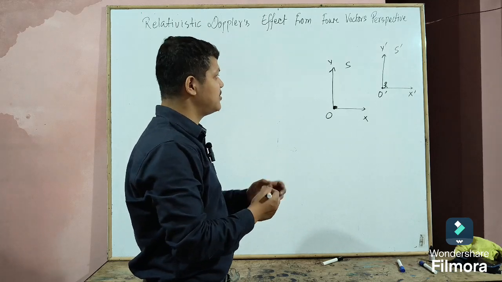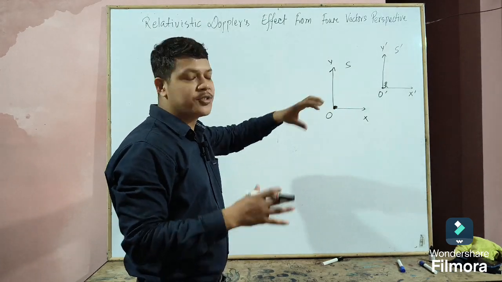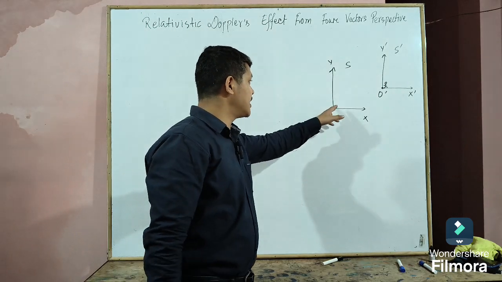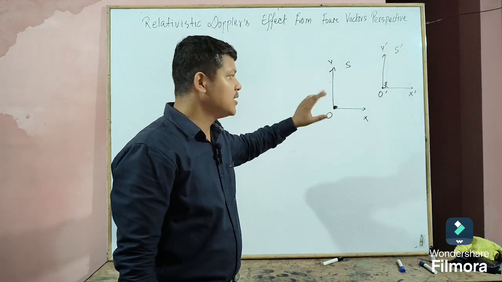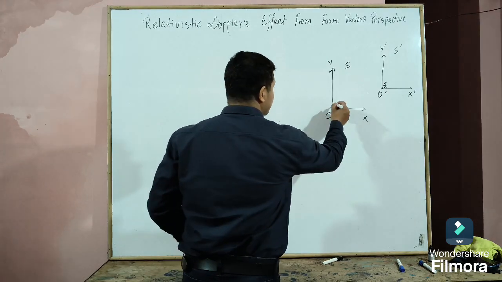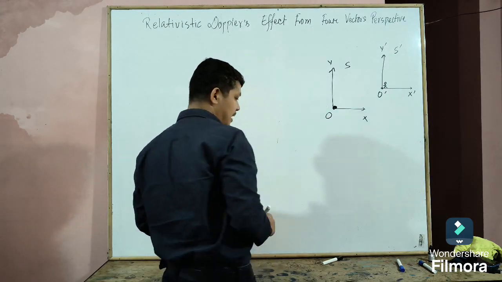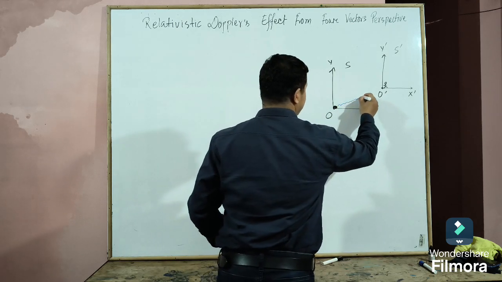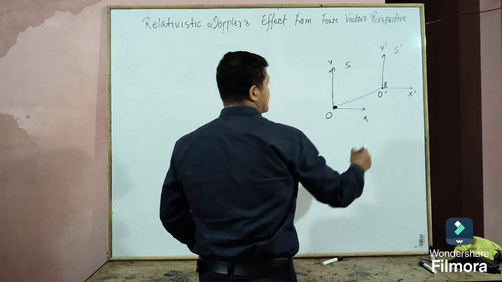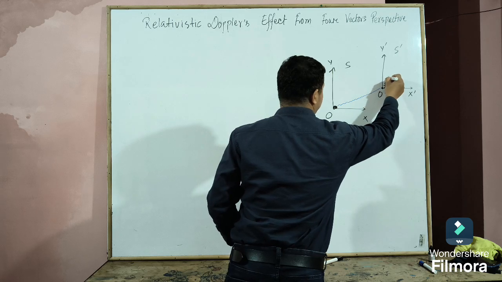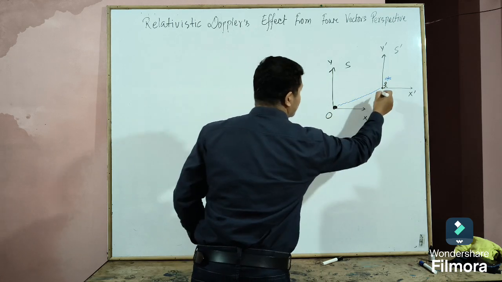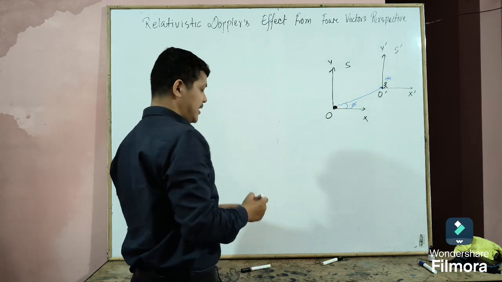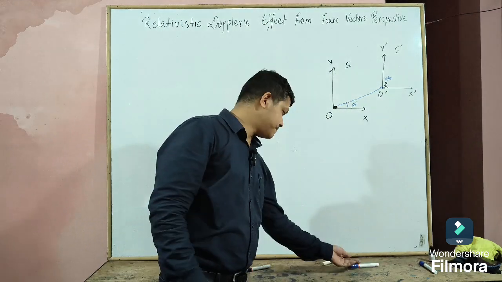It is not necessary that there will be a human being; there may be an instrument detecting light or any other signals sent from this point. So suppose the source emits light, and the observer is at O dash, and this angle is phi.